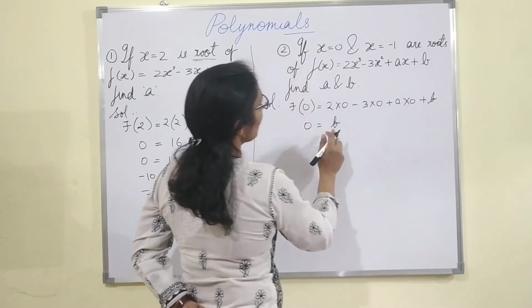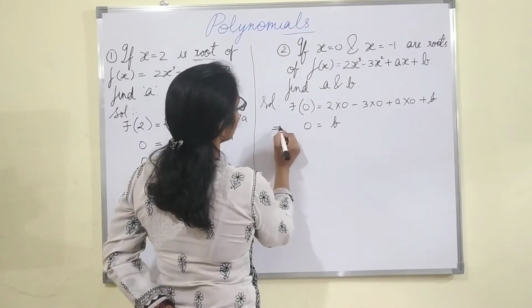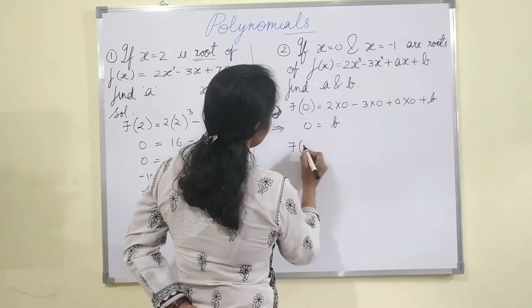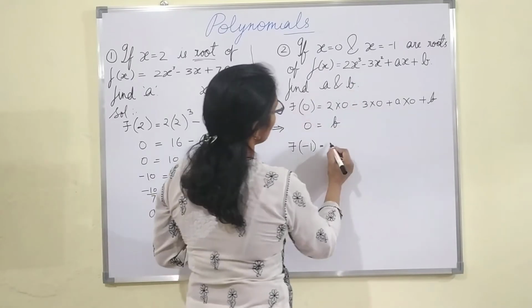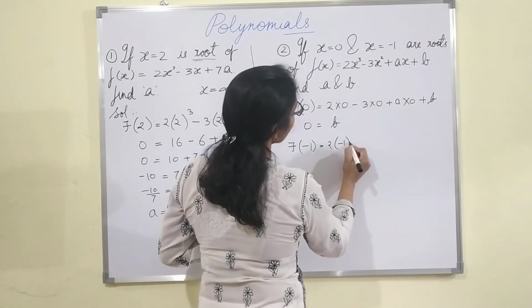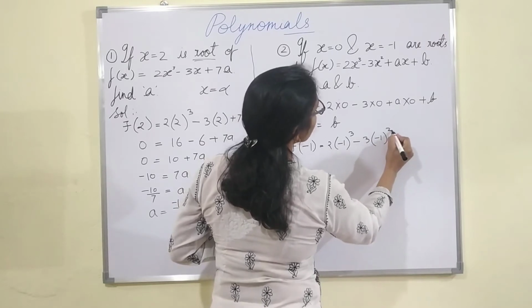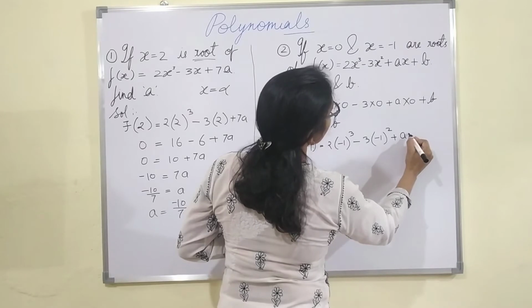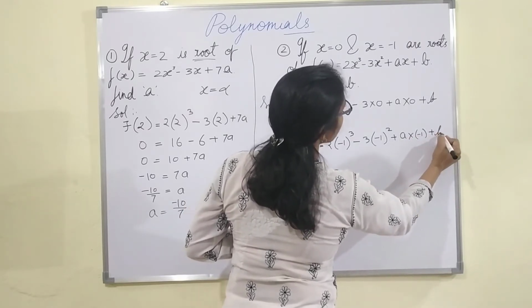So the value of b is 0. Next I am putting the value x = −1. So 2(−1)³ − 3(−1)² + a(−1) + b.